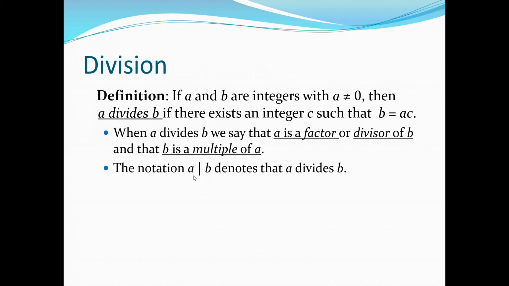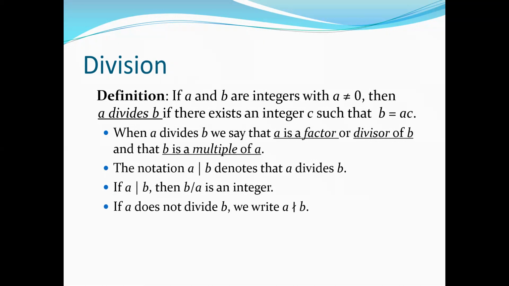When we read this, a divides b. If a divides b, then b divided by a is an integer, again a whole number, so we could say that a is a factor of b.